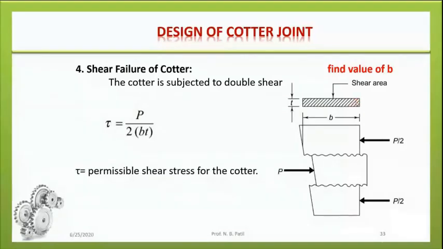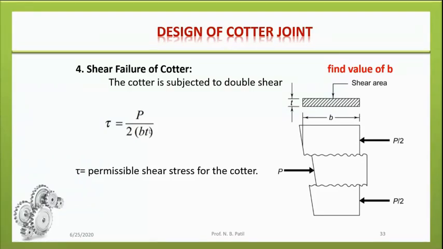It's a direct shear stress. Two areas are there, that's why we multiplied by 2. Why 2? Because shear takes place on two areas having the same cross section, B multiplied by T. So tau is equal to P divided by 2 multiplied by B multiplied by T.